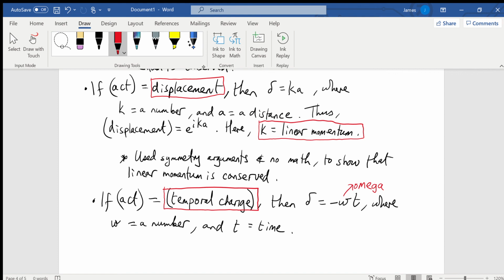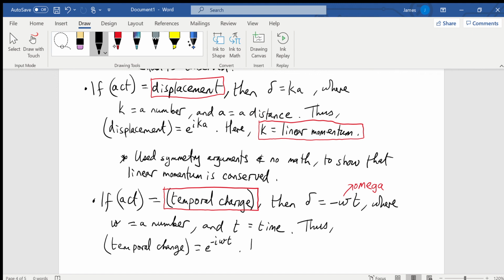Okay. Thus, the act of temporal change is e to the minus i omega t.